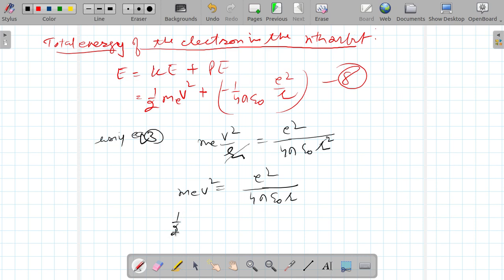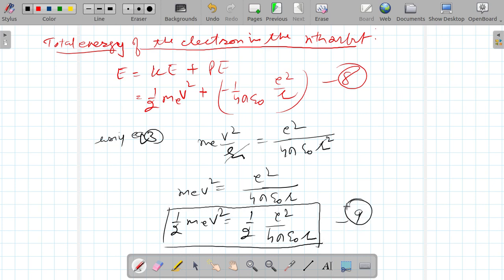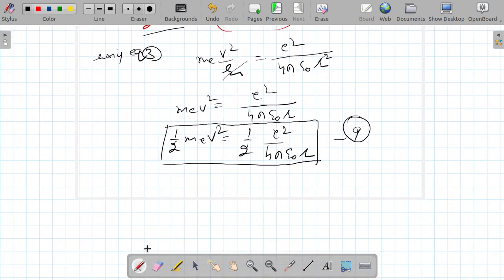But I am interested to calculate half m_e v square. It is 1 by 2 e square over 4 pi epsilon naught r, right? Let me call it this, and using this value in this equation, if I substitute its value, then E will be equal to 1 by 2 e square over 4 pi epsilon naught 1 by r minus e square over 4 pi epsilon naught 1 by r.